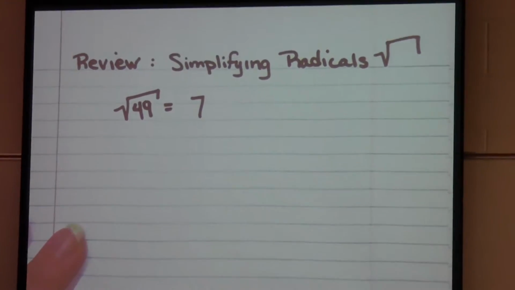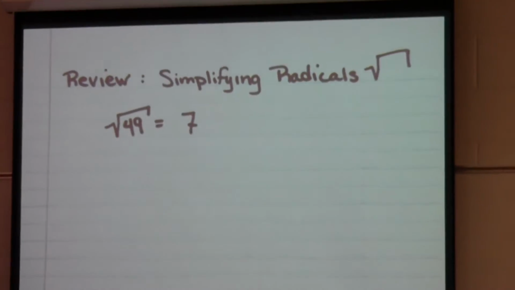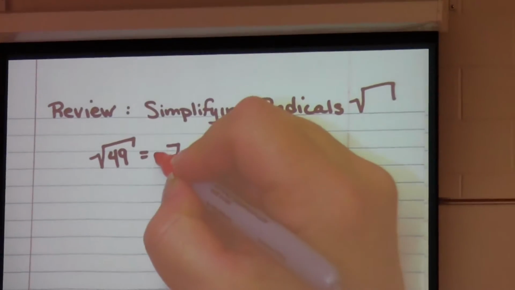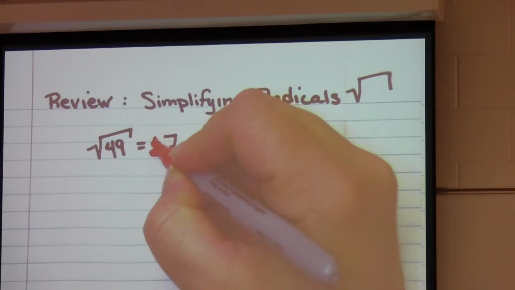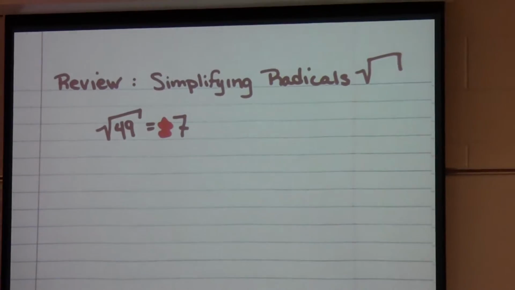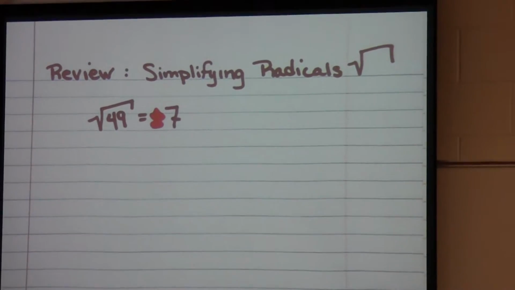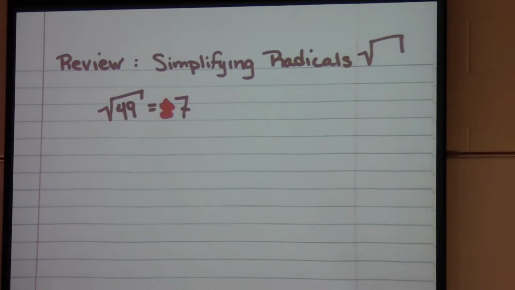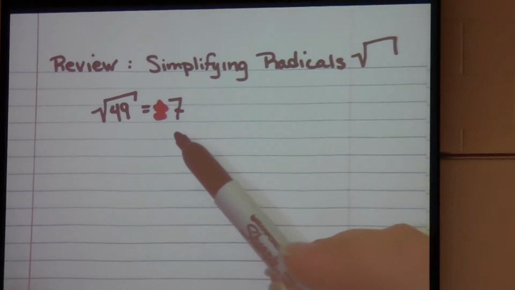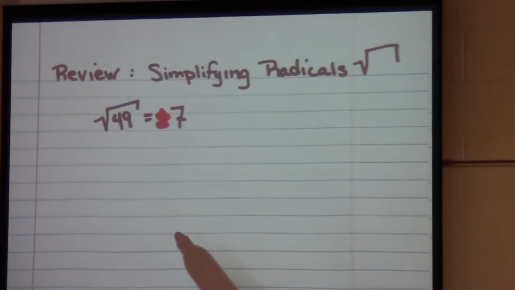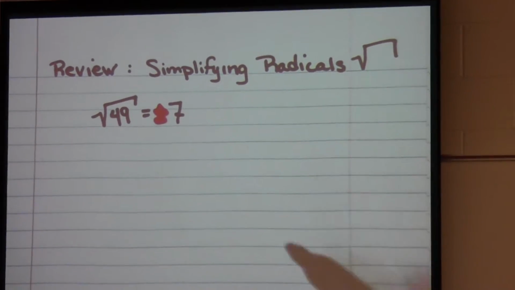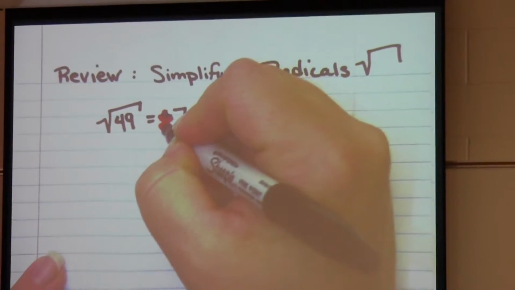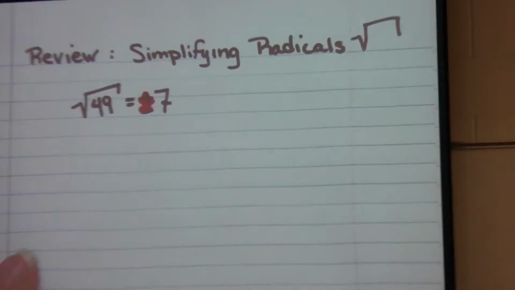Because 7 times 7 equals 49. And a lot of times we'll say it's plus or minus 7, so that you could have negative 7 squared and get 49, or you could have positive 7 squared and get 49. So it could be plus or minus 7.